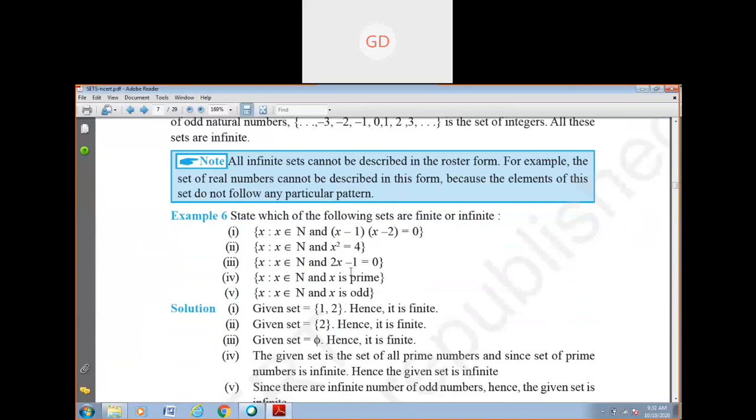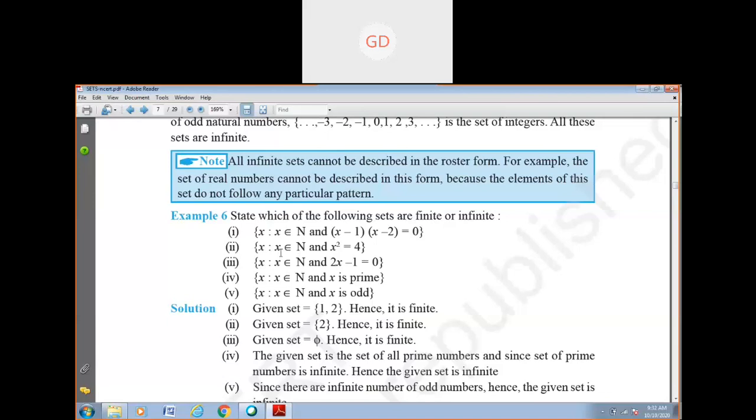Example number 5. State which of the following sets are finite or infinite. You see the first one: x such that x belongs to N, that means x is natural, and (x minus 1) into (x minus 2) is equal to 0. This is given in set builder form.